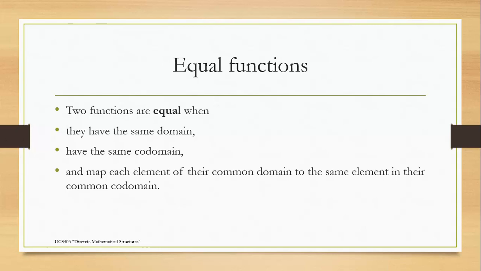The point is that if we change either the domain or codomain of a function, then we obtain a different function. Even if we change the mapping of elements, then we also obtain a different function.